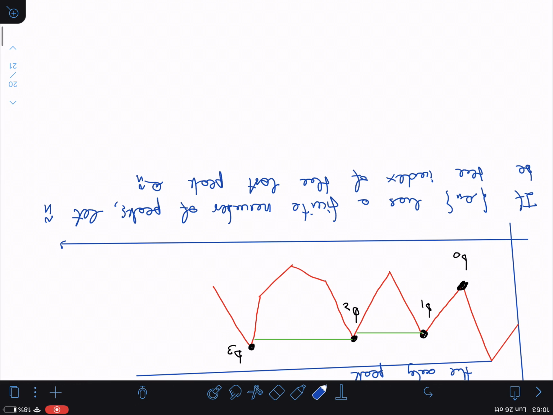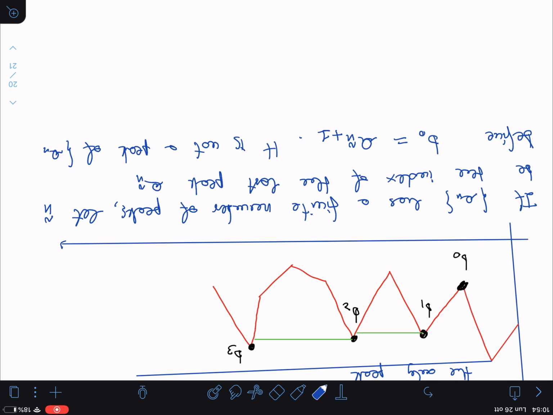So now define b_0, the first element of the subsequence, equal to a_(n tilde plus 1). Of course, it is not a peak of a_n because a_n tilde was the last one. The last one exists because the peaks here are finitely many.